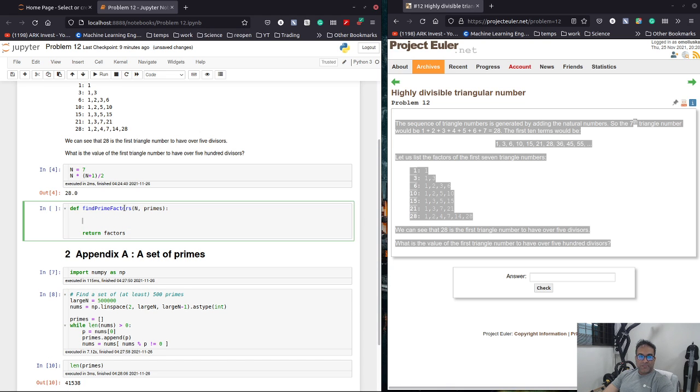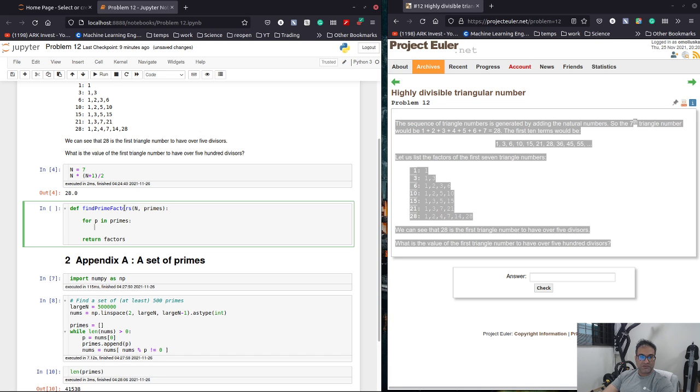Let's say we have for p in primes. If p greater than n, break.